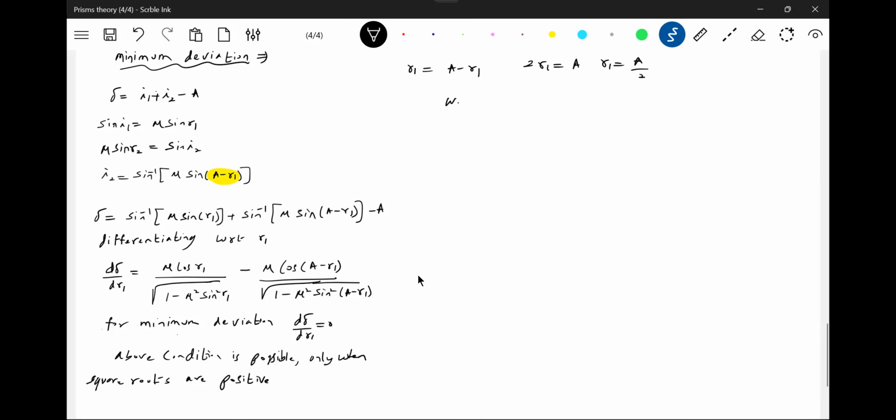We know that R1 plus R2 equal to A. So substitute R1 equal to A by 2. So R2 is equal to A by 2. So what is the condition for minimum deviation? R1 equal to R2 equal to A by 2. Similarly, I1 equal to I2.